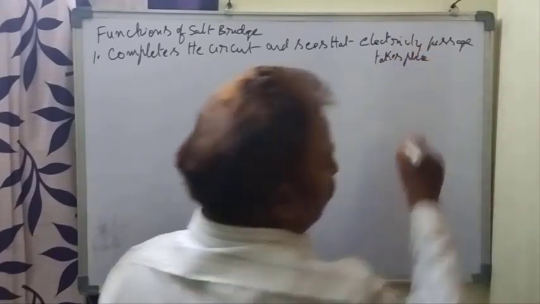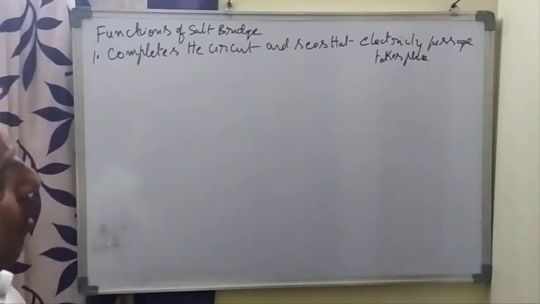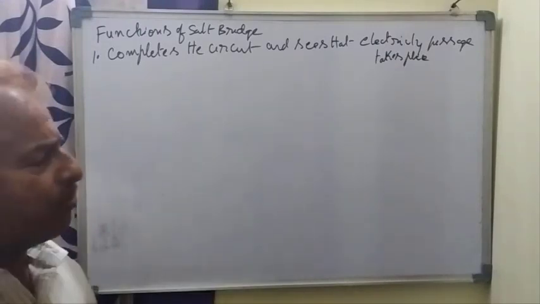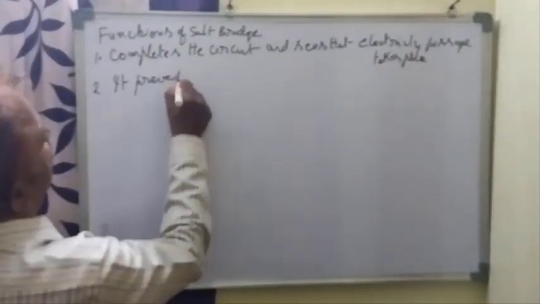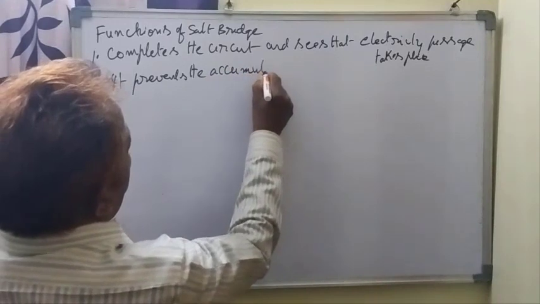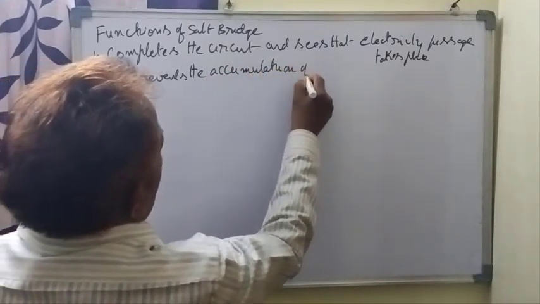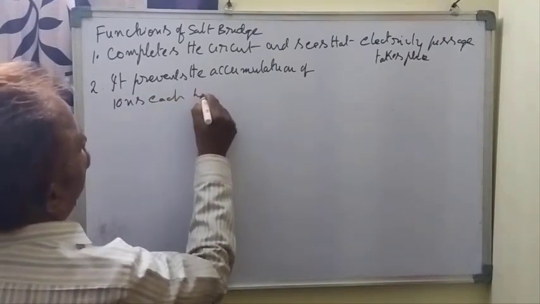If the circuit is not completed, electricity does not pass. Therefore, the salt bridge completes the circuit, and so the passage of electricity continues. Number 2, it prevents the accumulation of ions in each container, in each half cell.